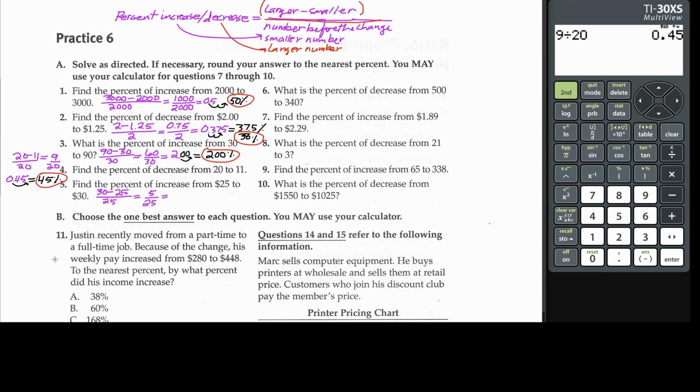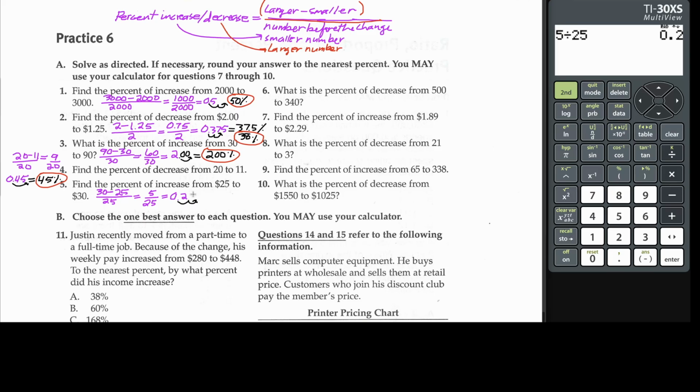Okay, now divide that. 5 divided by 25. Go to my calculator, clear, punch in 5, divide by 25. Enter. So I have 0.2. Then move the point twice. So 1, 2.